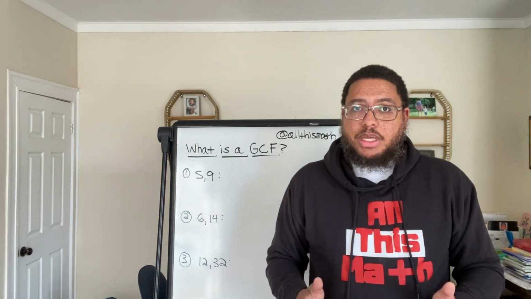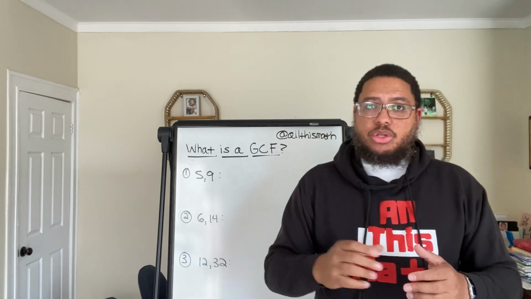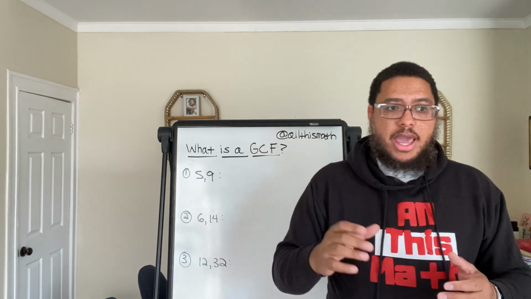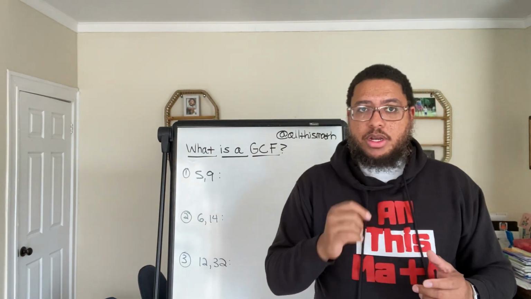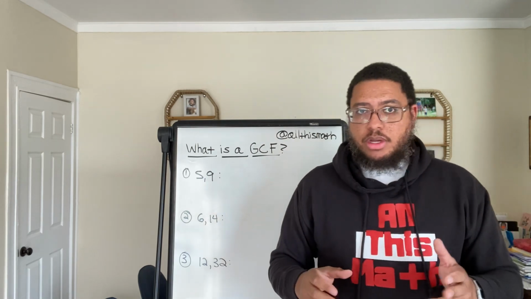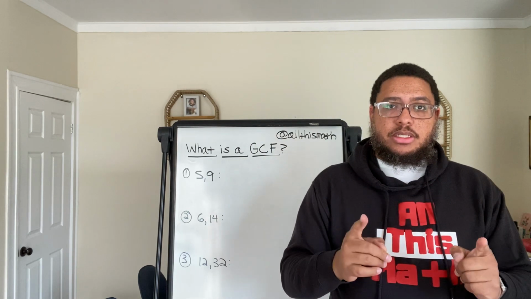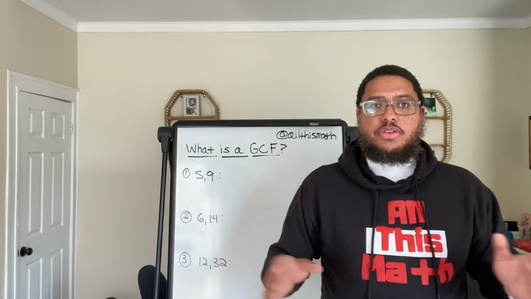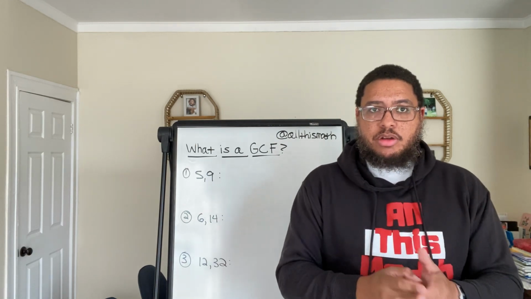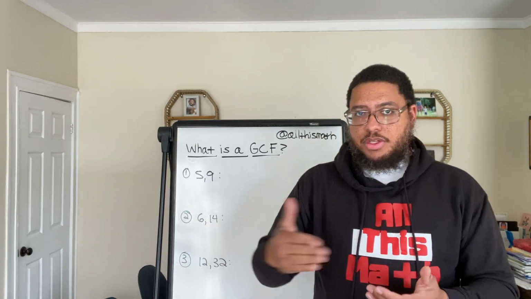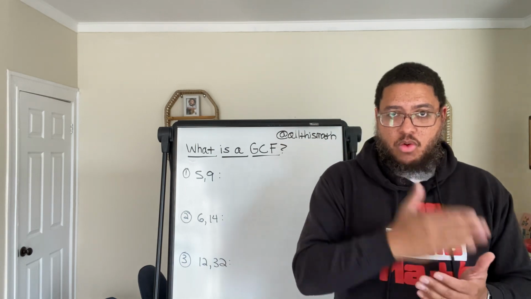If you don't know your multiplication facts, then I suggest you go get a multiplication table and be able to look and see what numbers are factors of other numbers. All right. And also, my suggestion is this: memorize all of the factors of each number from 1 to 150.